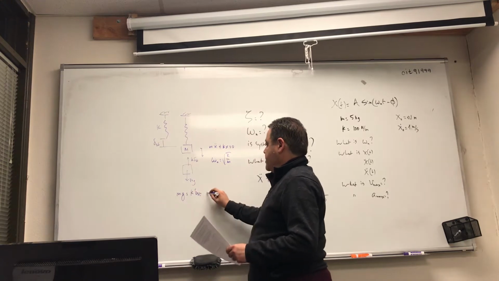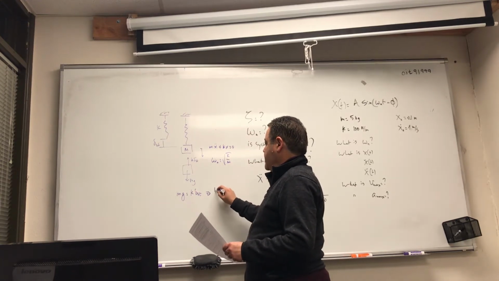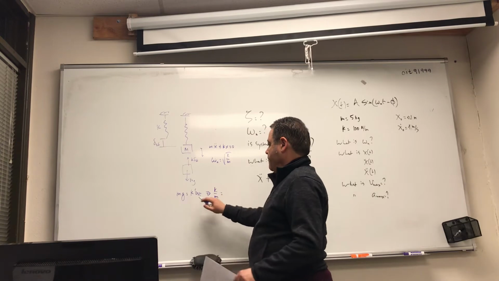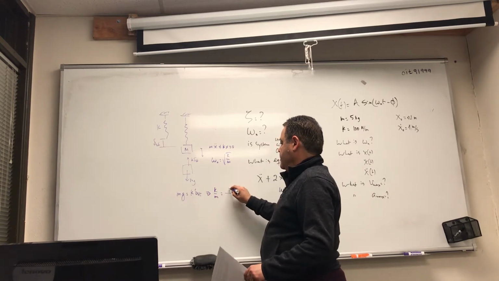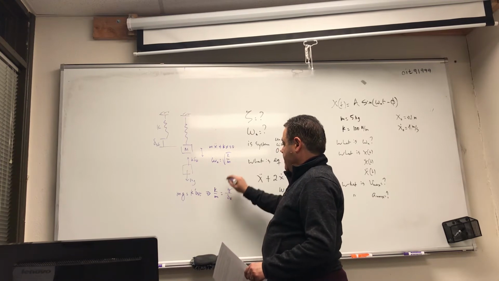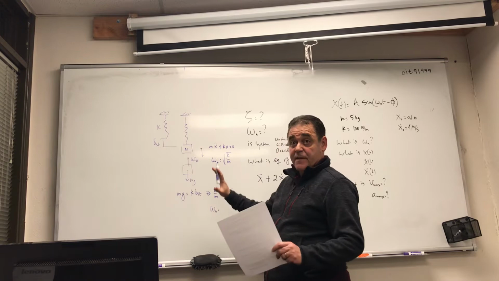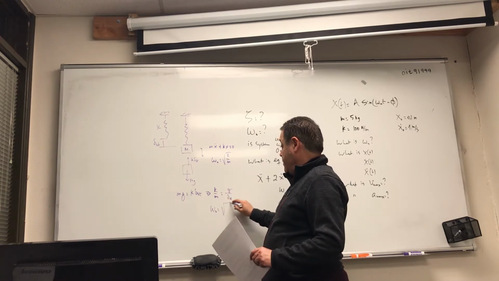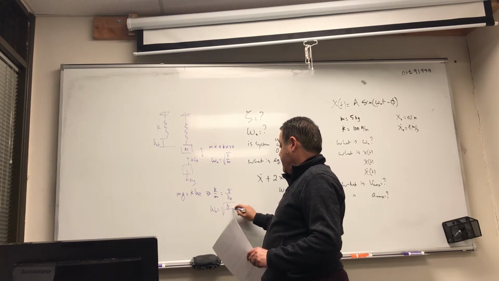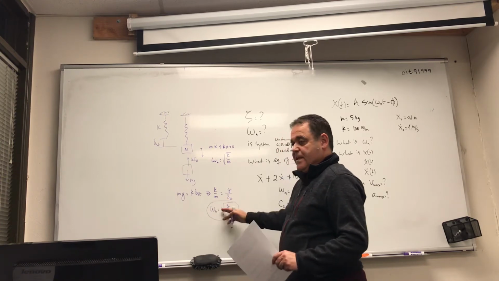We know the natural frequency is the square root of k over m. Based on this equation, what is k over m equal to? k over m is equal to g divided by delta st. That means omega n, the natural frequency, should be equal to the square root of g divided by delta st. So what is this telling me?